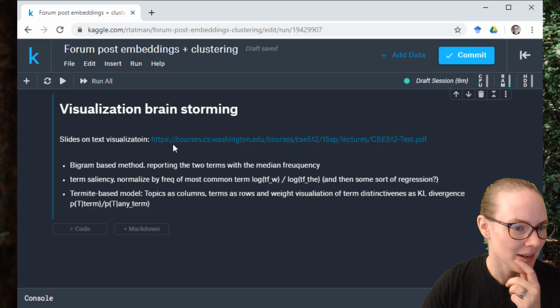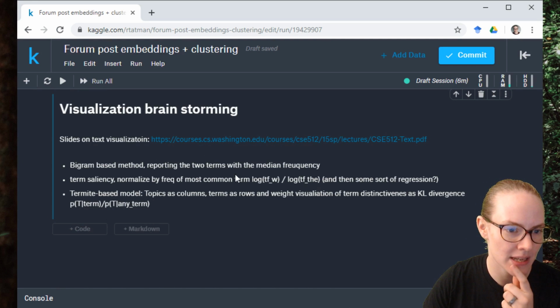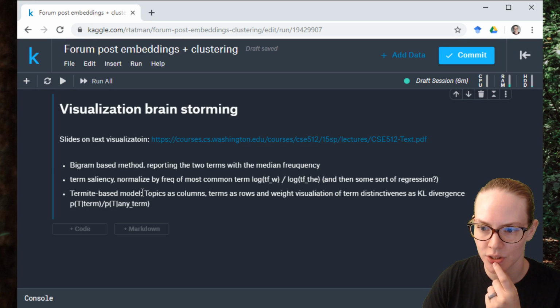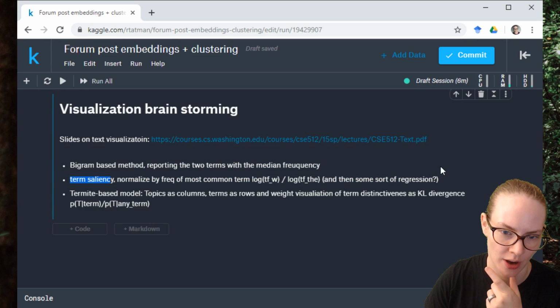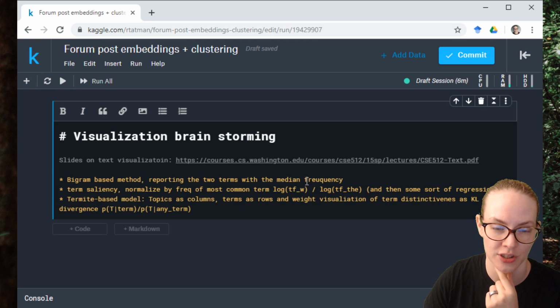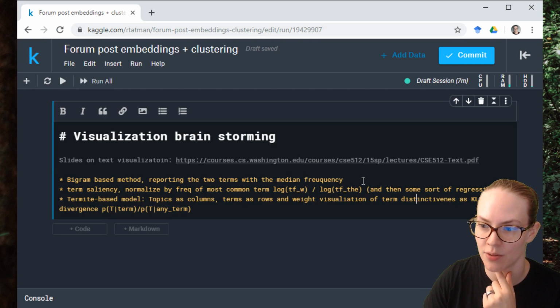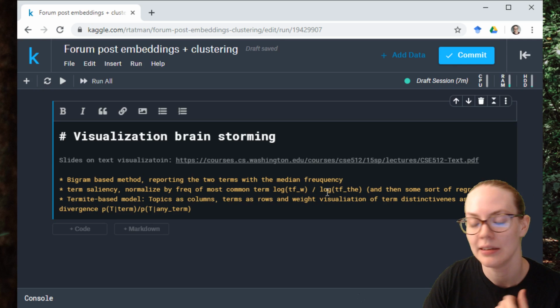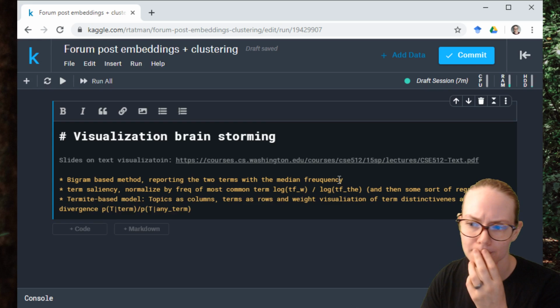All right, so I've been thinking about these, and I think the simplest to implement will be this measure of term saliency, where for each word, you normalize the frequency of the term you're interested in by the frequency of the most common term in your corpus, which I think is pretty reasonable.